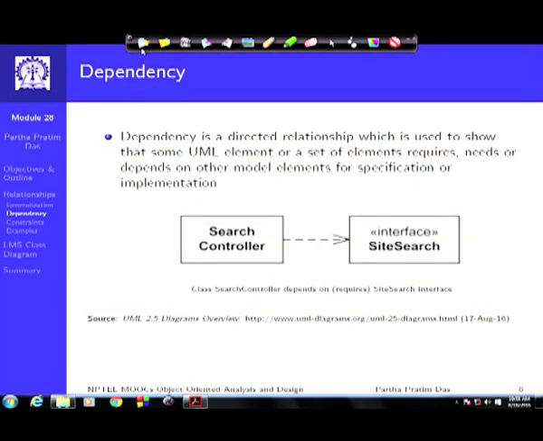That is typically drawn with a dotted arrow with the arrowhead at the end, and depicts that this class on the left requires the other class or depends on the other class.